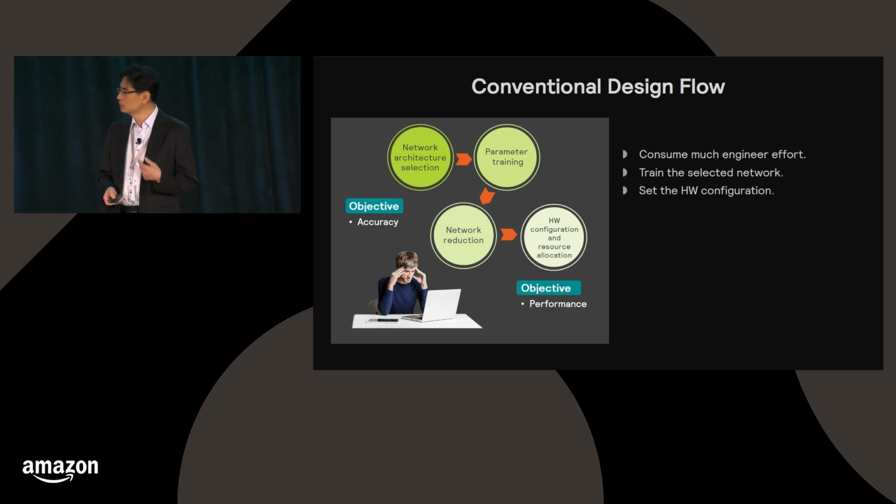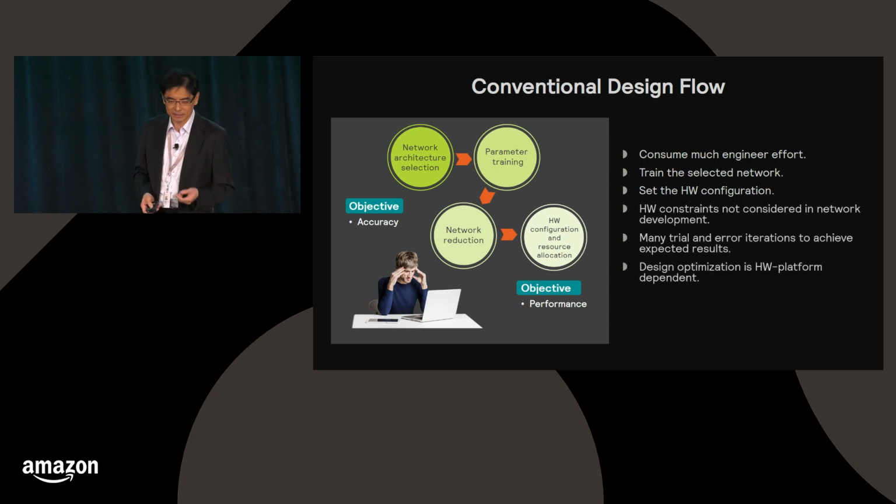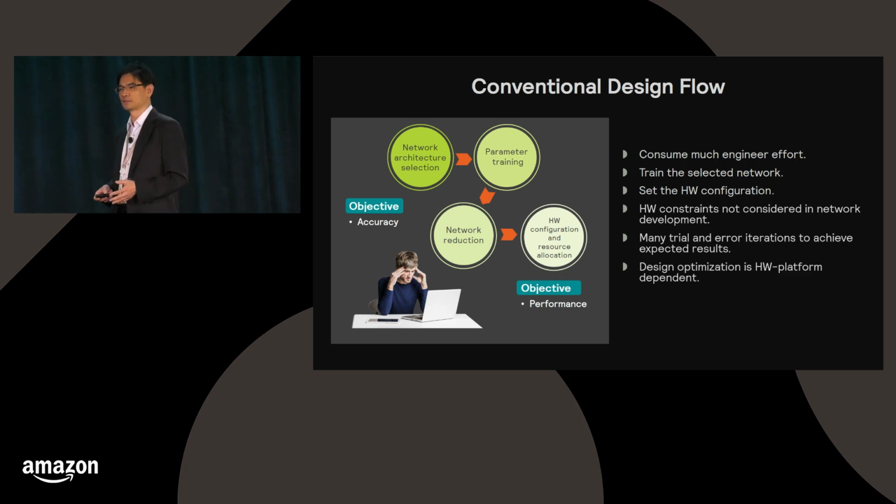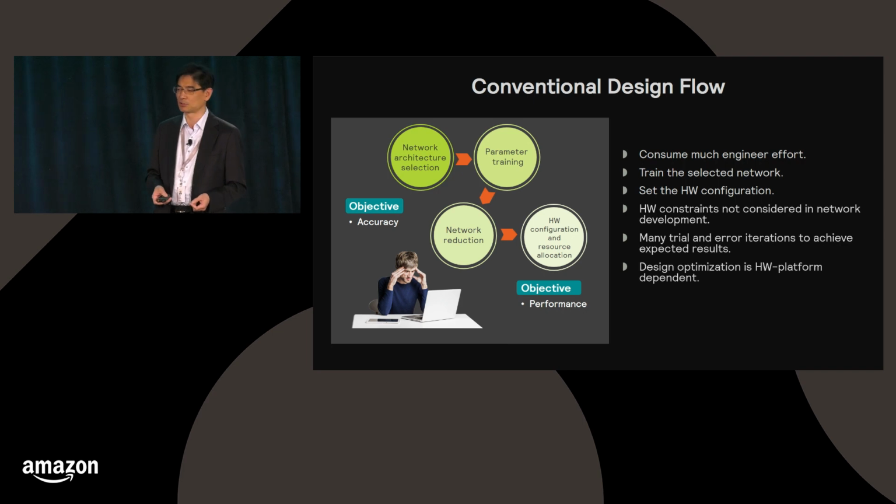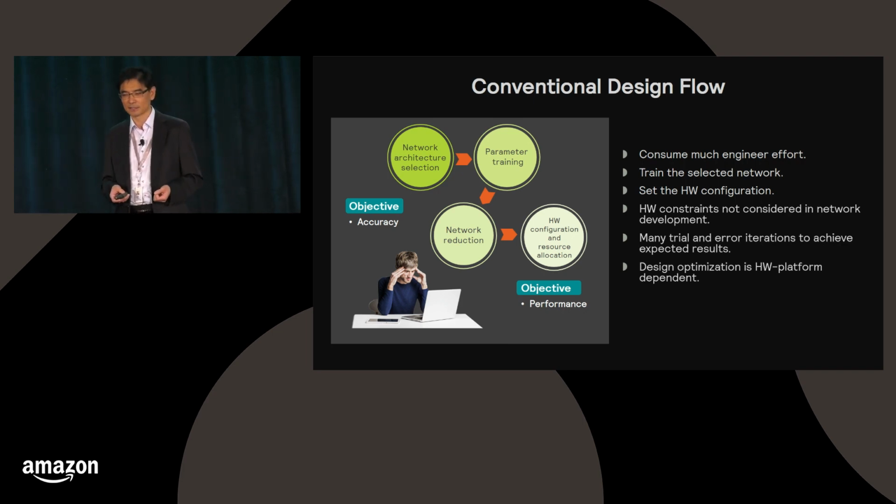However, we confront this problem: you can see that the hardware constraint is not considered in the algorithm or network development stage. So if the performance cannot meet your requirement, you need to go back to redesign the network, do the modification, and then you need to have many heuristic trial and error iterations to achieve the accuracy or the performance you want.